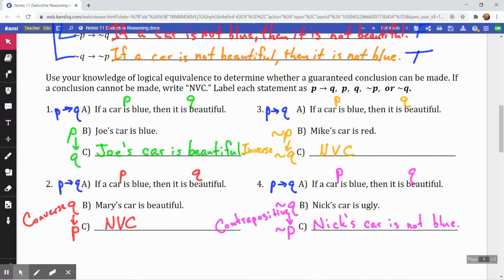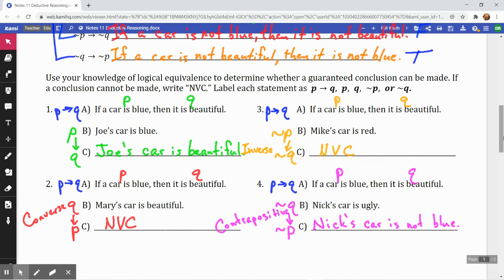So if we're given information that allows us to make a claim based on our conditional, great. But if we're given information that's going to make us a claim based on our converse or our inverse, we can't do that. But if the information we're given in part B is going to lead us to making a claim that refers to the contrapositive, then that is okay because of logical equivalence.